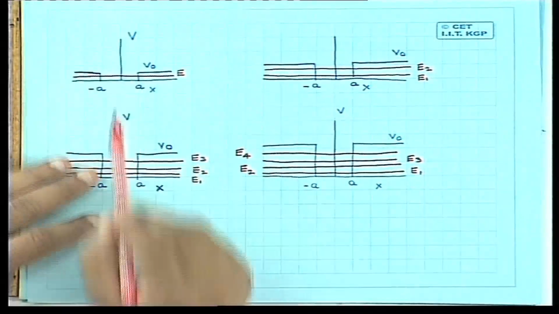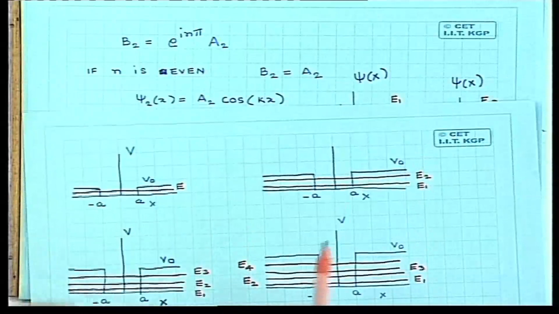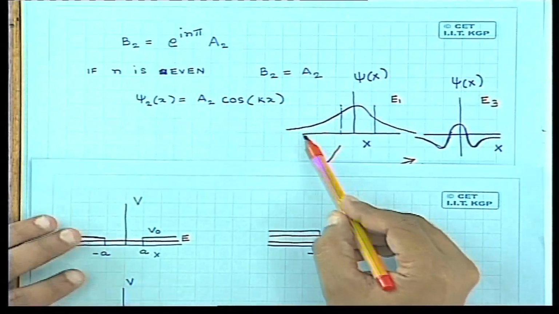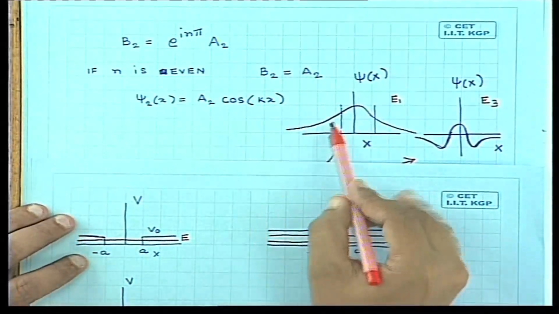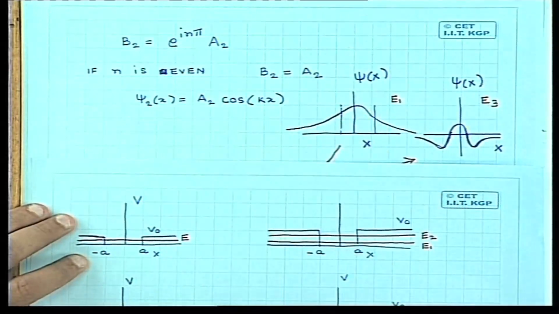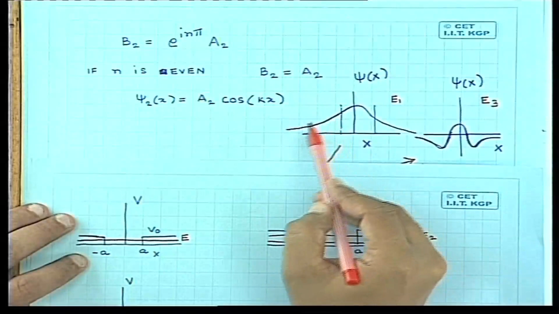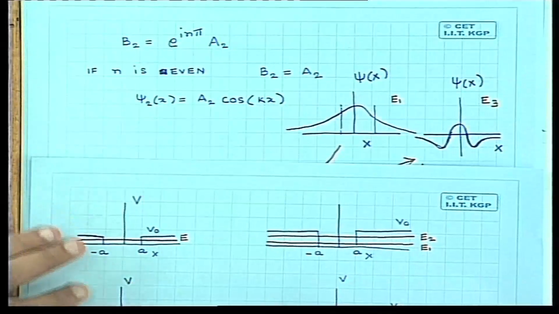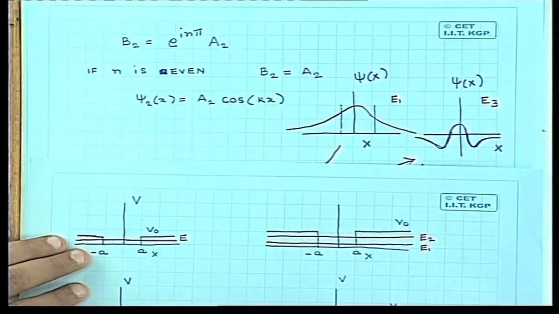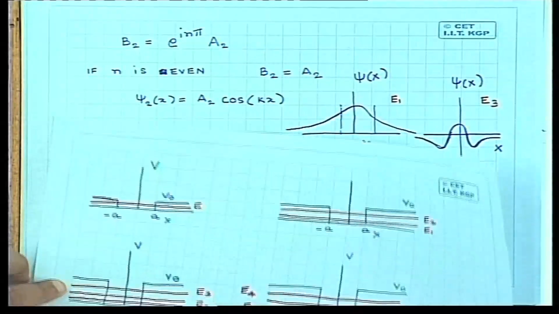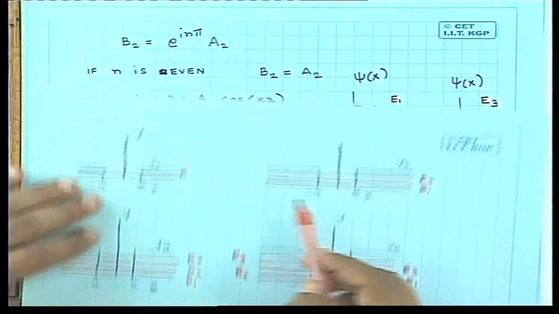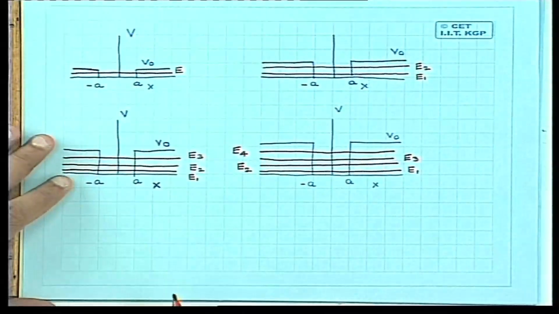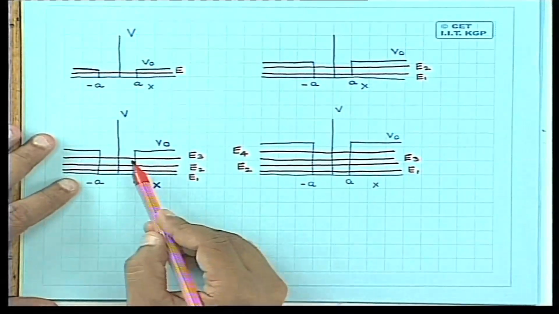The lowest energy even solution is going to have a wave function which looks like this. It is cos kx with no nodes in between minus a and plus a, and then you have to match it to this exponentially decaying part as you go to large x. If you make the potential well deeper, you have two even solutions, which is this case over here.